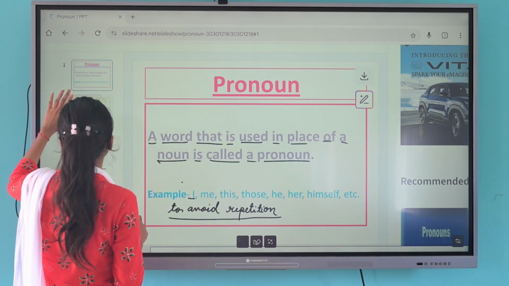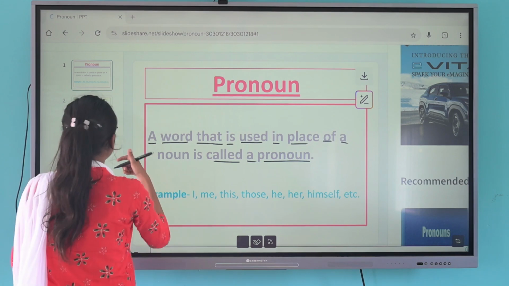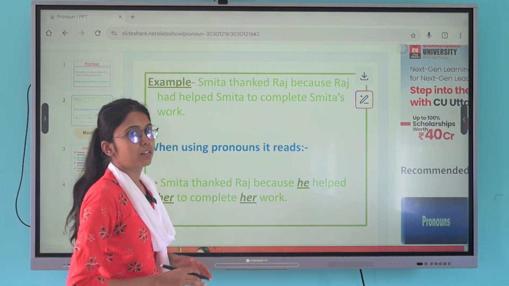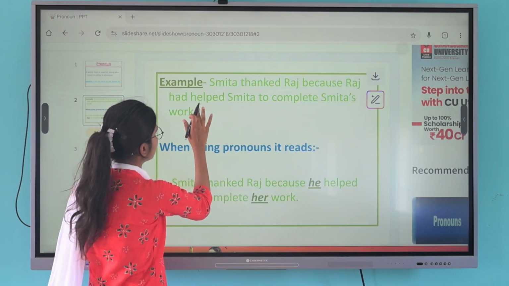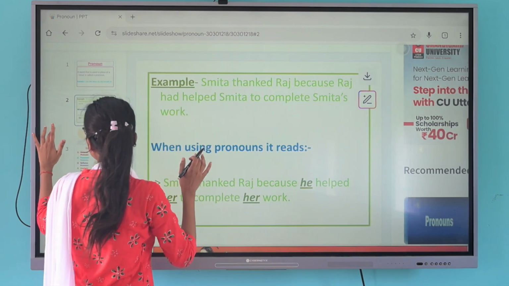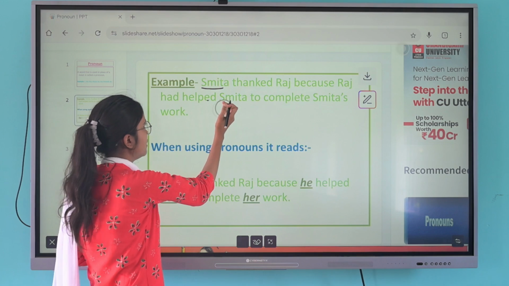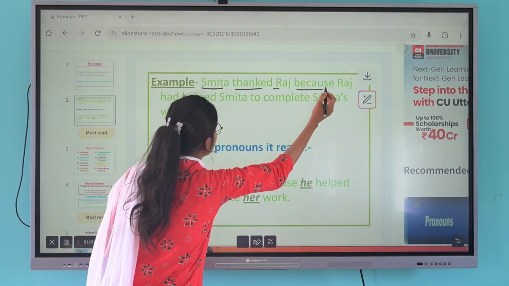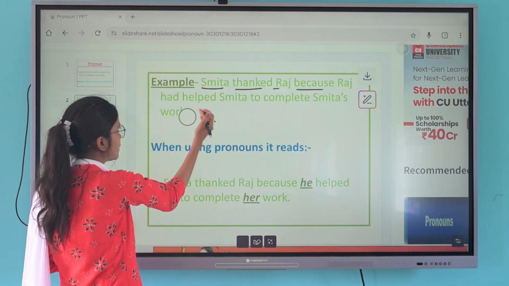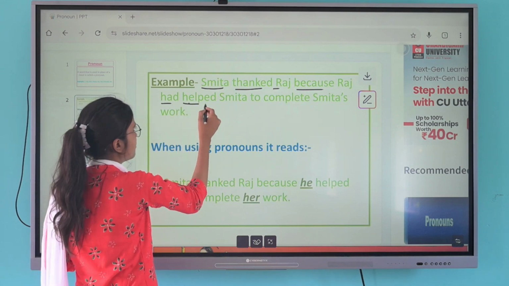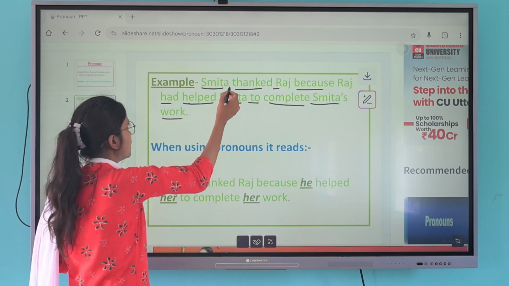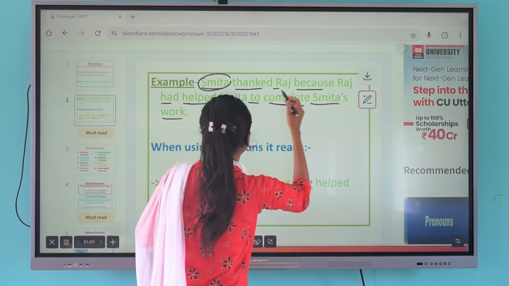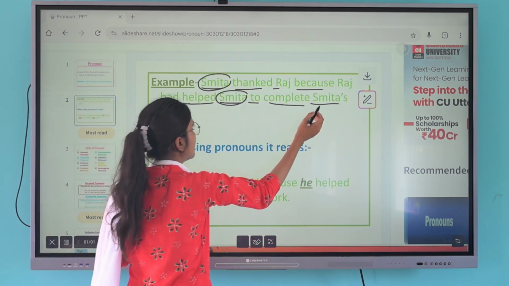Okay, let's see how it replaces the noun. Look, there is a sentence: Smita thanked Raj because Raj had helped Smita to complete Smita's work. So here, how many times has Smita occurred? Smita, and Smita.